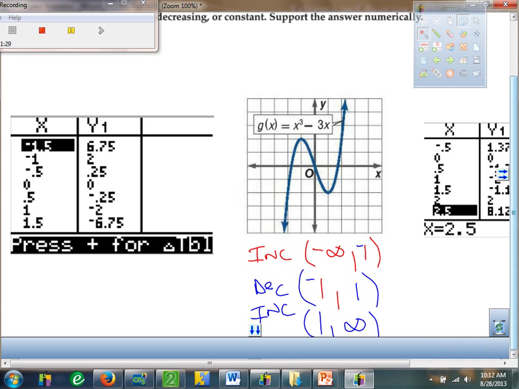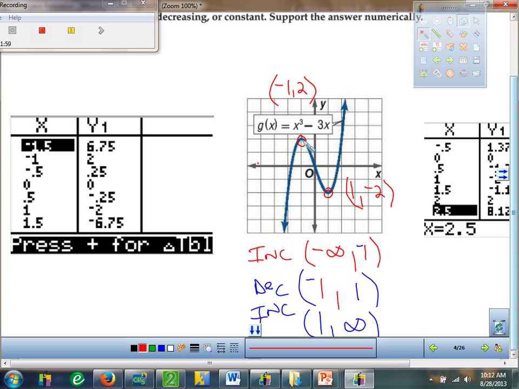This right here is a critical point, because once we reach it, then we start turning down until we get to here. So this point we can come up with off the graph. That's -1 and then up 2. So (-1, 2) is a critical point. And then here at 1, over 1 down to 1, (1, -2) would be another critical point.